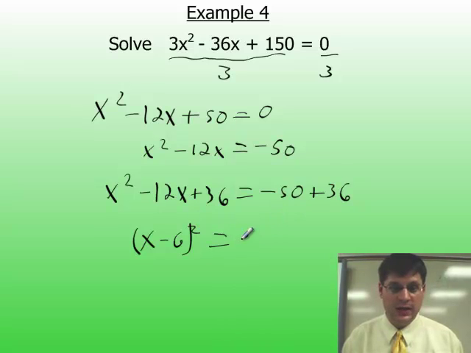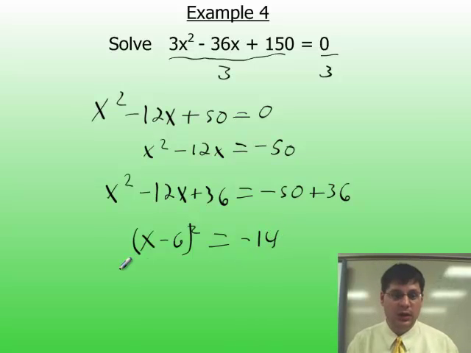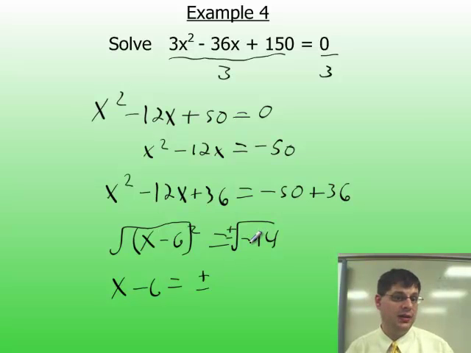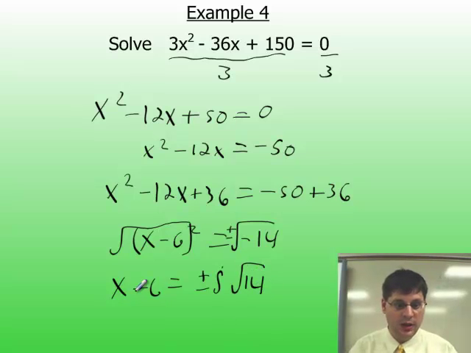equals negative 14. Now I will take the square root of both sides, here and here. So this will be plus or minus. And I'm left with x minus 6 equals plus or minus. Well, since I'm taking the square root of a negative number, I'm going to have to write this as an imaginary number. So i square root 14.